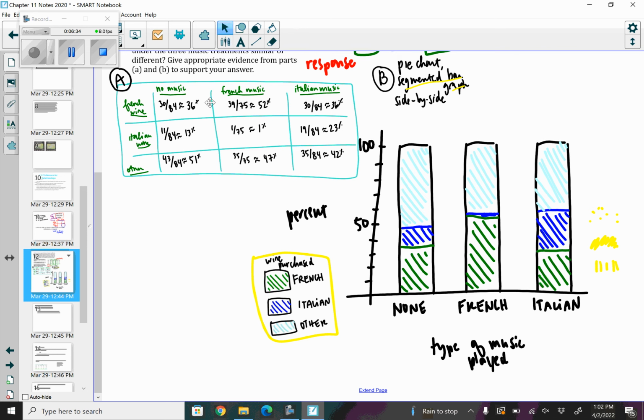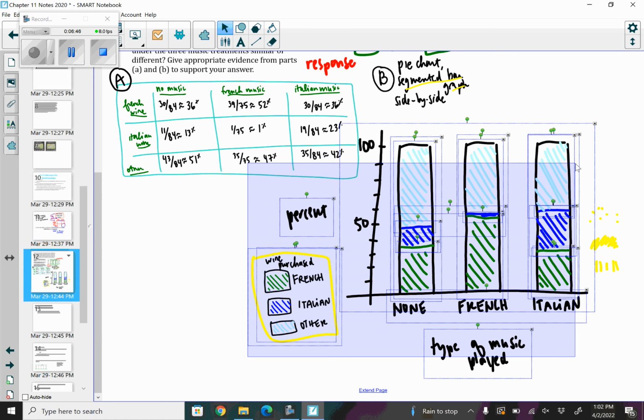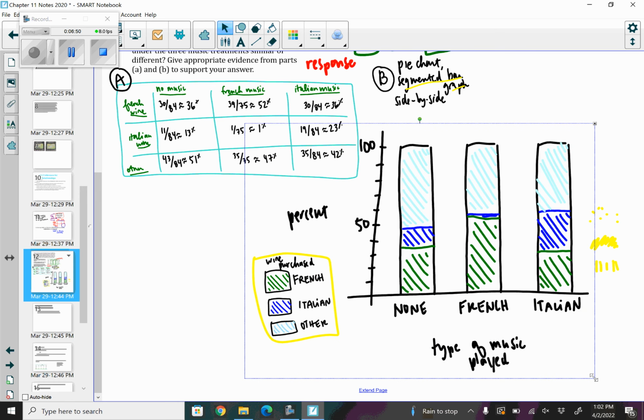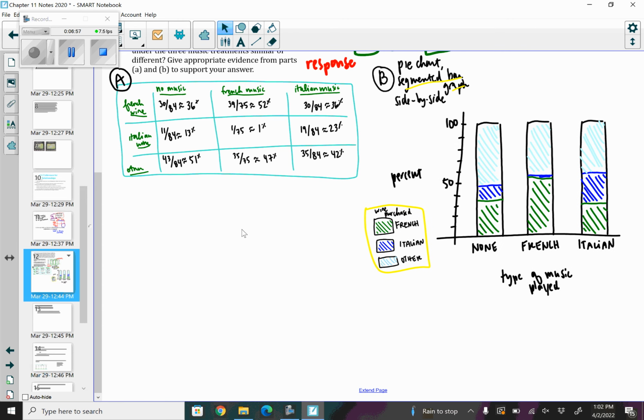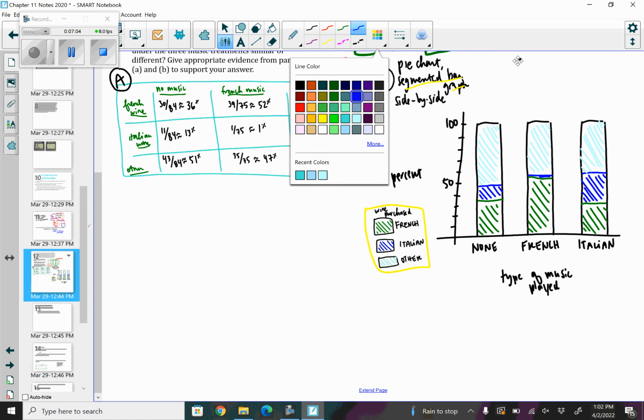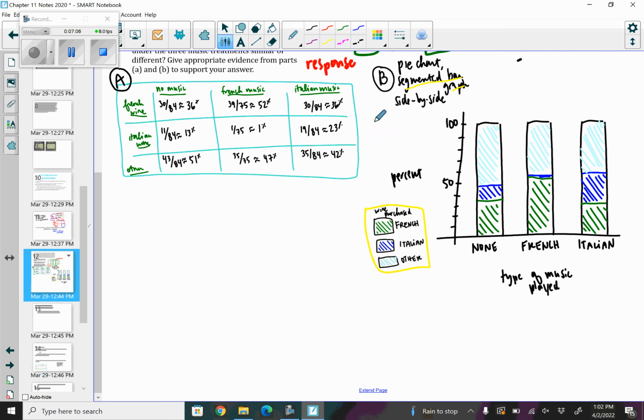Part C then asks, are the distributions of wine purchases under the three music treatments similar or different? Give appropriate evidence from parts A and B to support your answer. For this one, there's kind of a lot of things we could say, and I will talk through some of them, but the things to remember for a problem like this are that we want to compare, that we really want to give evidence for each different statement we make.